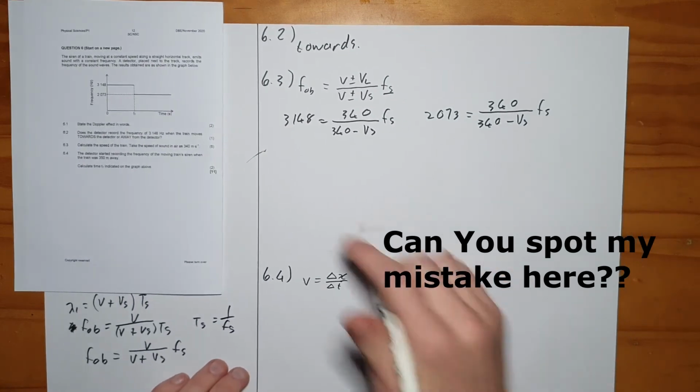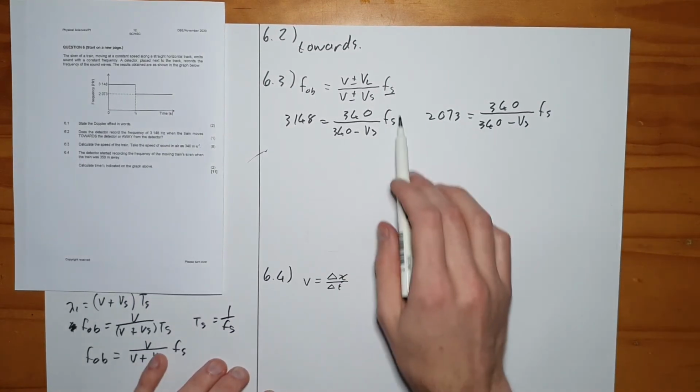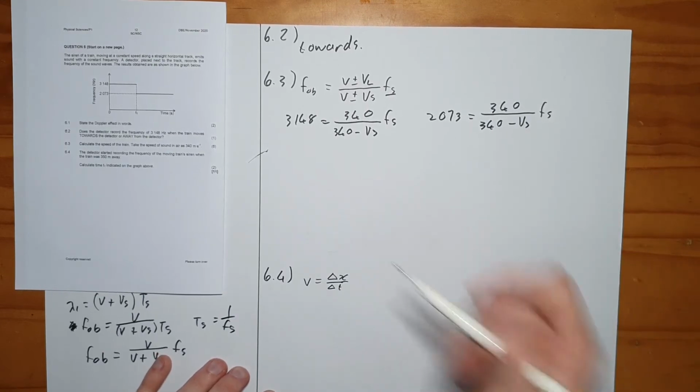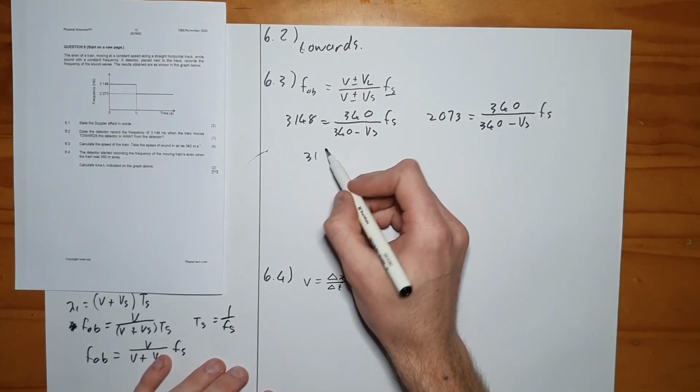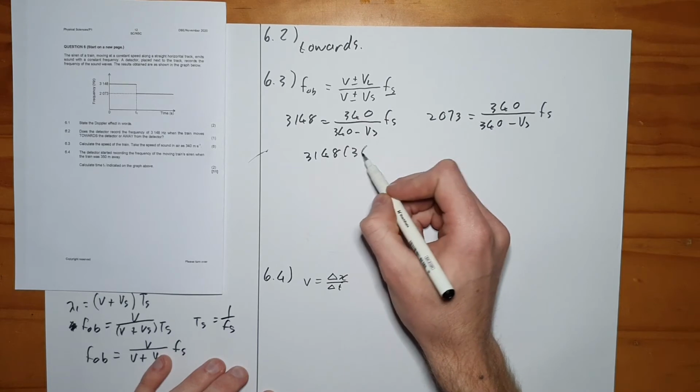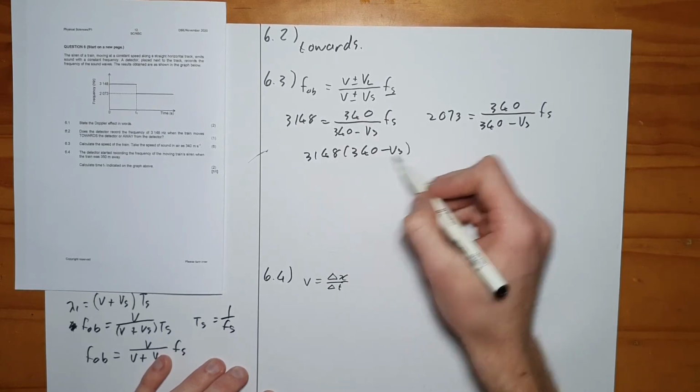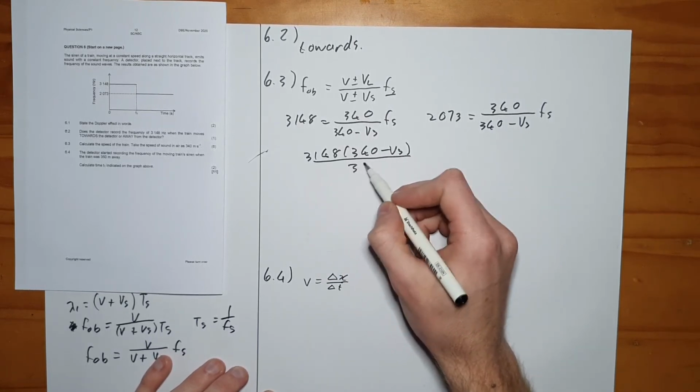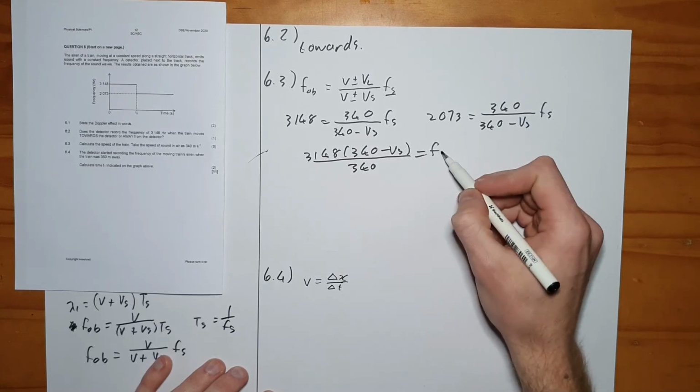Now we can equate these two together by getting fs on its own. So we should get 3148 times the following bracket, all over 340, equals fs.